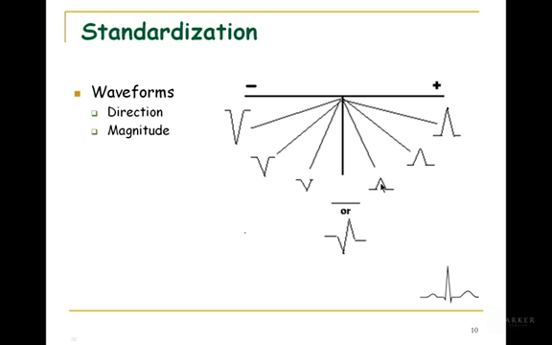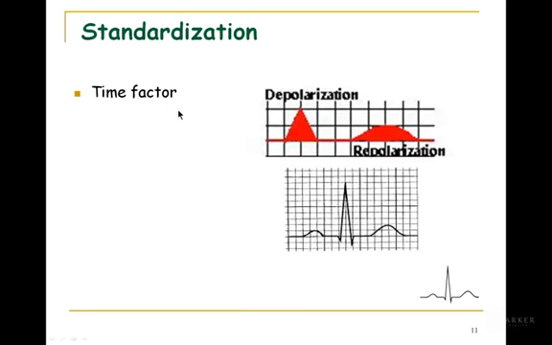But there's something else that may play a role in the recorded voltage that you get. Timing is another one. Now, if you notice for the QRS complex, you look at the R wave versus the T wave. Both of them involve ventricles. This is depolarization of the ventricles. This is repolarization of the ventricles.